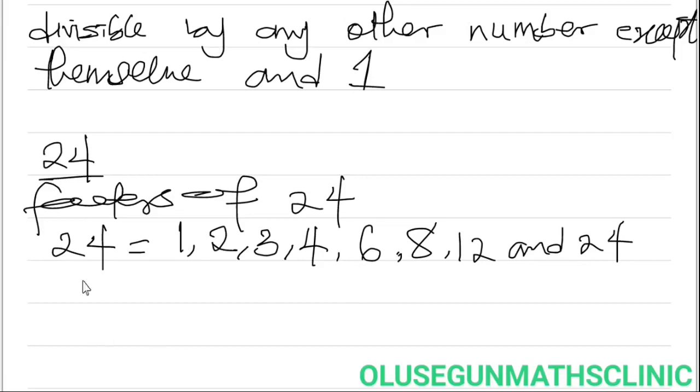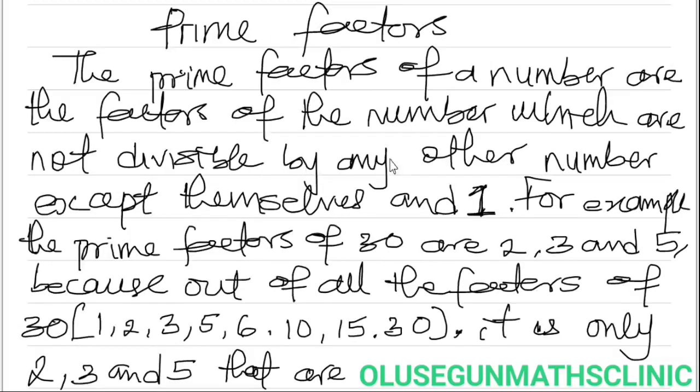But let's now write out the prime factors of 24. We have to define what you understand by prime factors. The prime factors of a number are the factors of the number which are not divisible by any other number except themselves and 1.